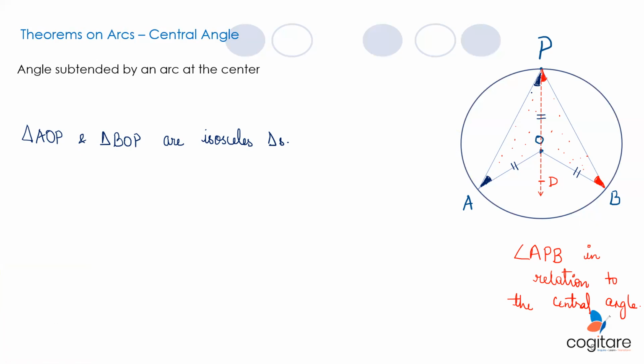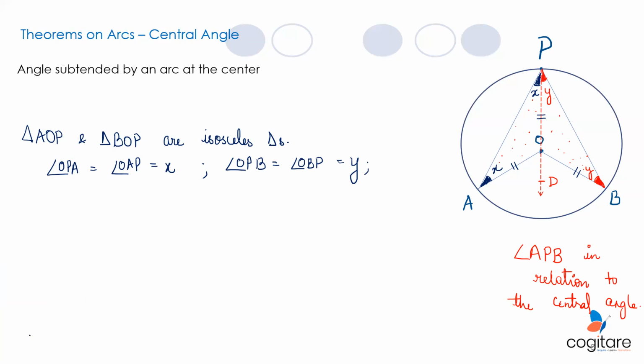If I were to call this small angle X, then this is also X. Whereas if I call angle OPB Y, then angle OBP is also Y. So if we put them together, we have angle OPA is equal to angle OAP, which is X, and angle OPB is equal to angle OBP, which is Y. Cool.